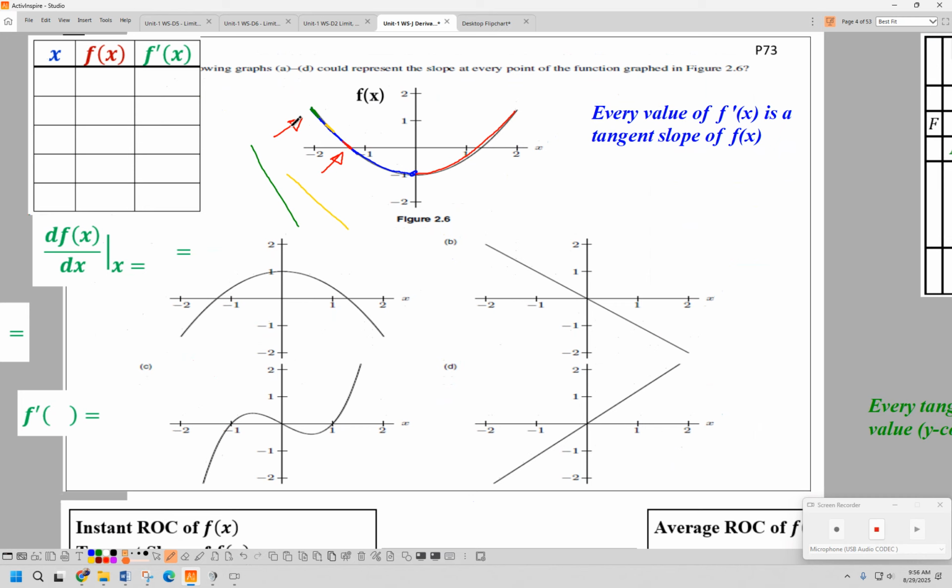Look, that green tangent line, not tangent slope, that green tangent line is decreasing. That yellow tangent line is decreasing. Those points along that yellow line are decreasing. That red tangent line is decreasing. But the values of the slopes are increasing. Two different things. Comfortable?